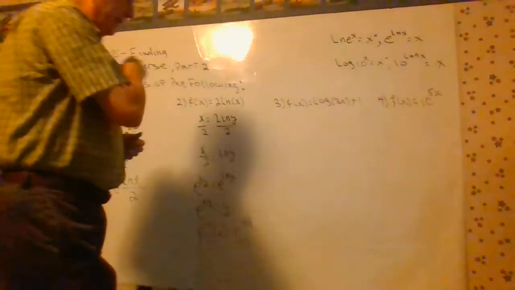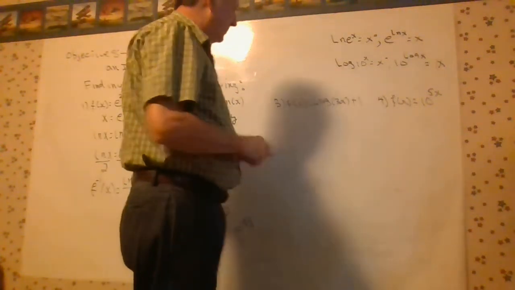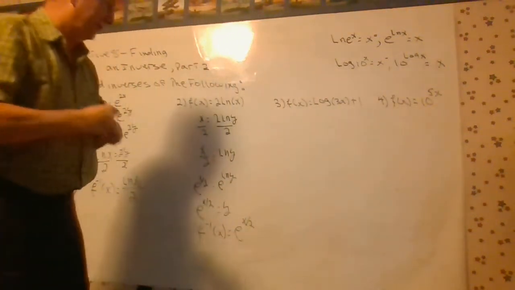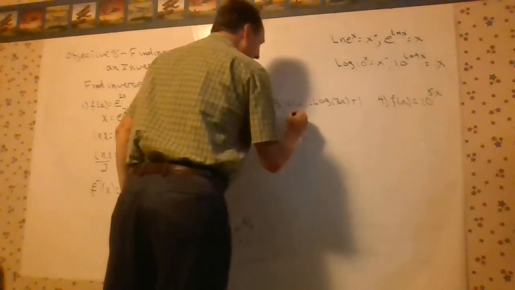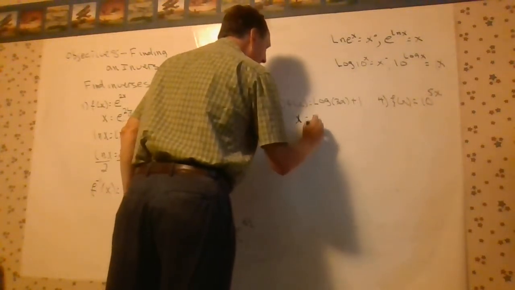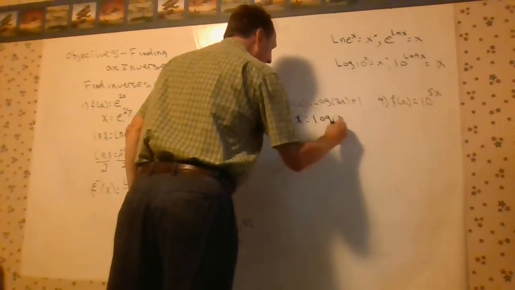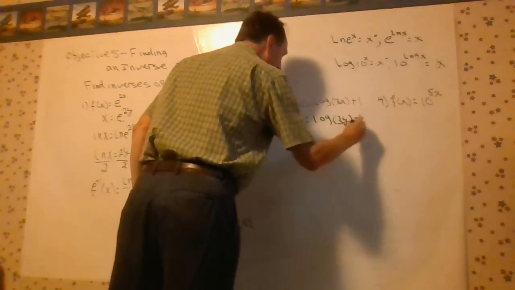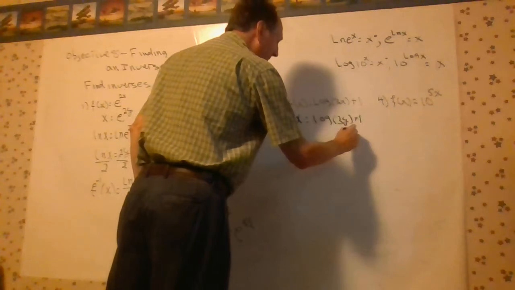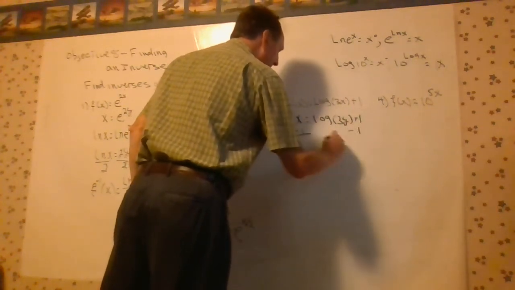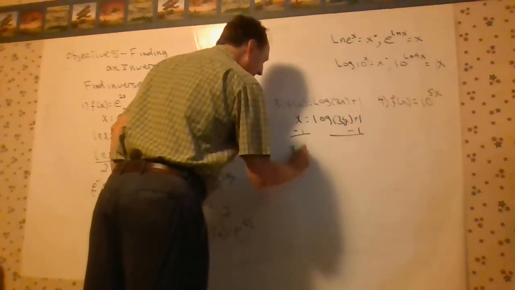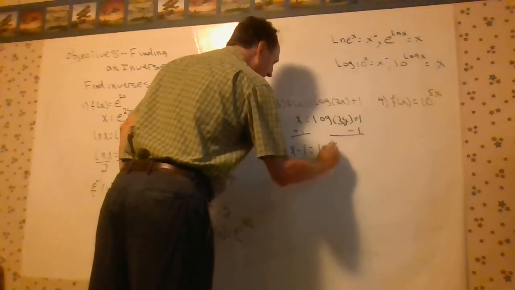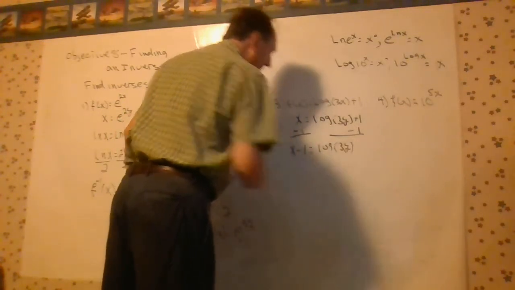And now we turn our sights on a common log. We're going to have a 10 to a power function in our answer, of course. We have x equals log 3y plus 1. And we want to solve for y, so we have to get rid of the 1 first. And we have x minus 1 equals log 3y.